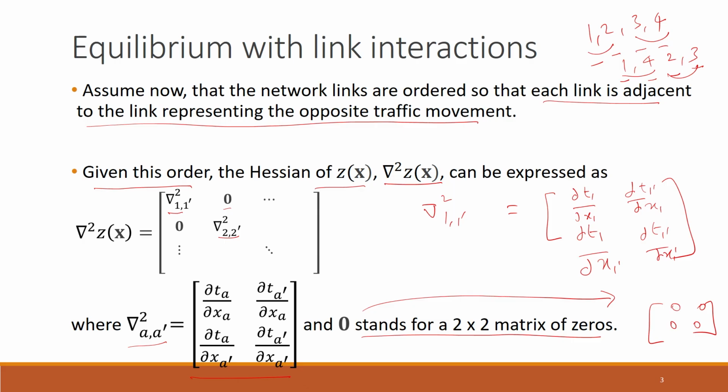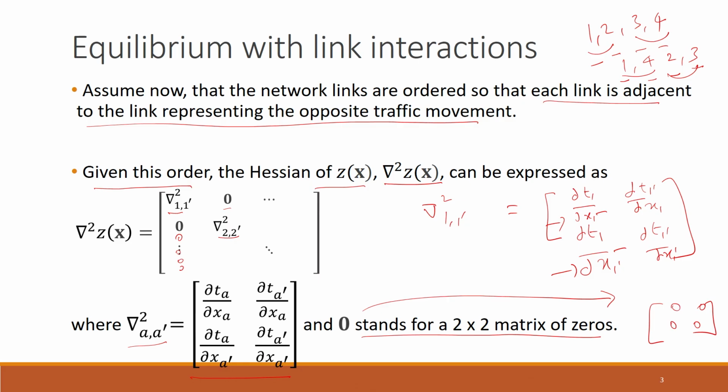So, for that link, only the partial derivatives with respect to x1 and x1 dash, which are shown in the first 2 rows here, will be non-zero, okay. All the other things will be 0 here. So, that is why this is 0 here, and all the other entries below are 0, okay.